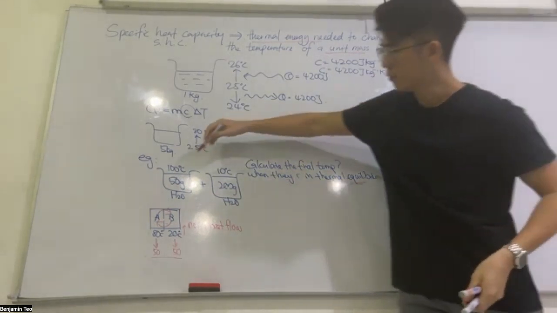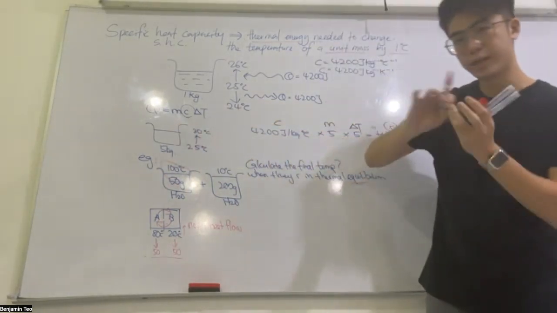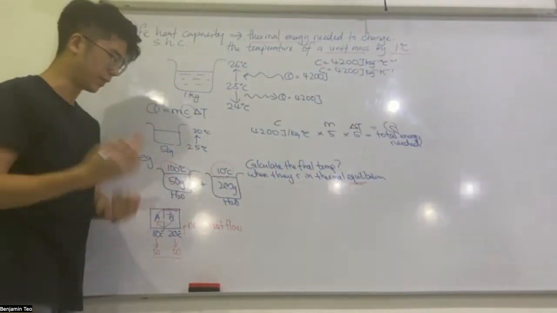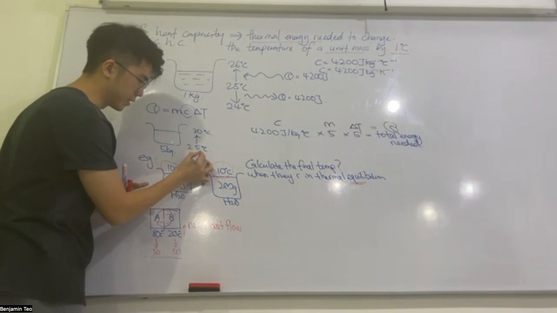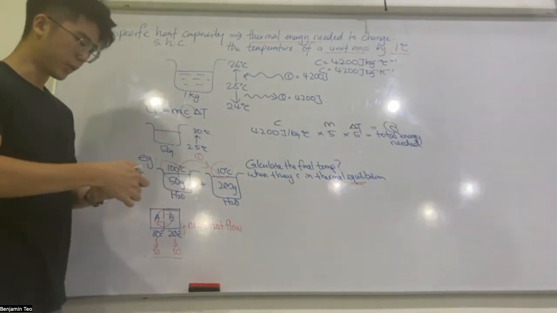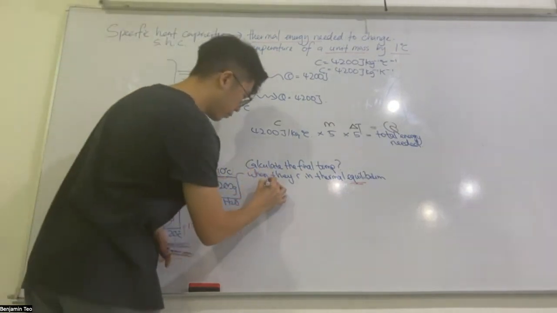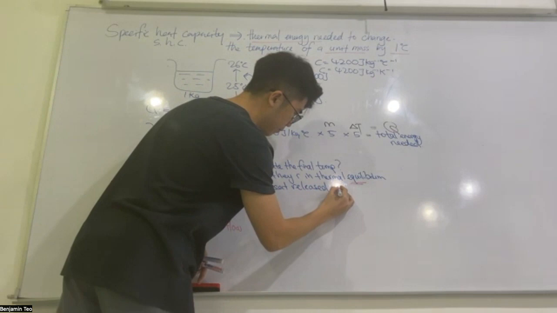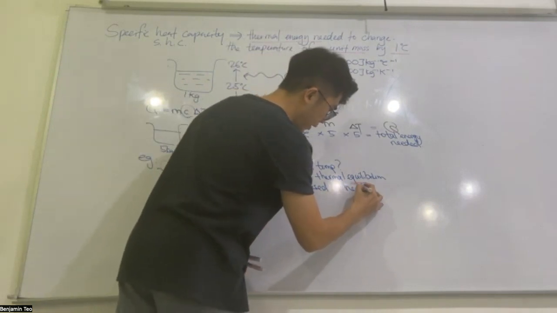The hotter one is the one that gives the heat, and the cooler one is the one that receives the heat. So when you mix, the heat is going to go here. This is the Q. So we're going to start with heat release. Heat release is going to equal heat absorption.